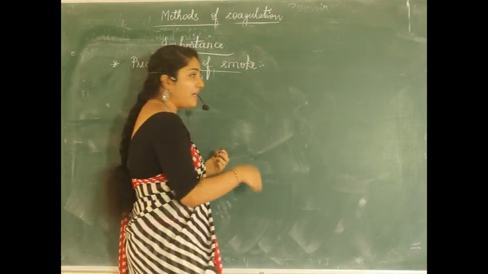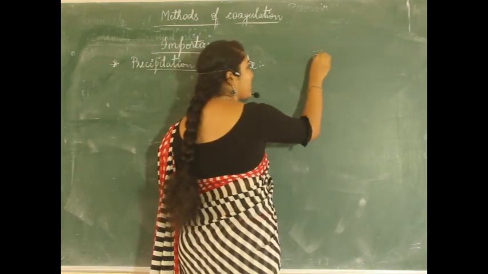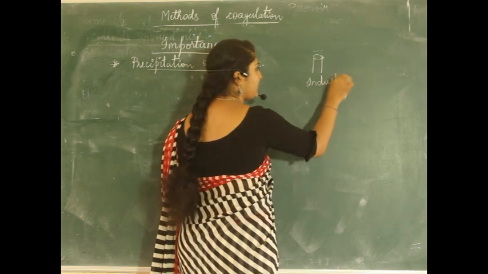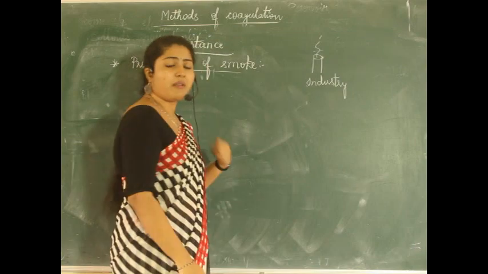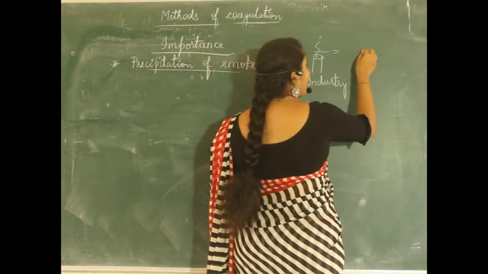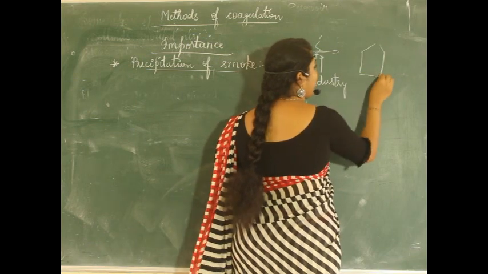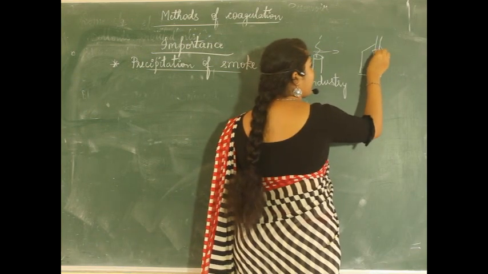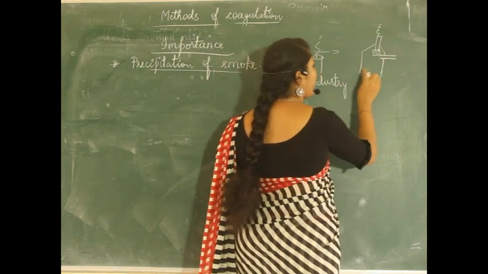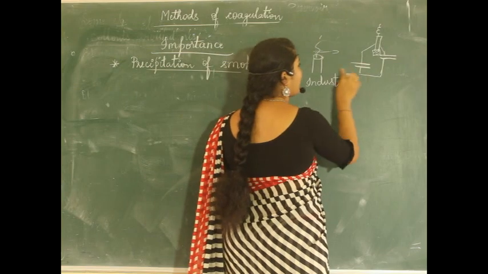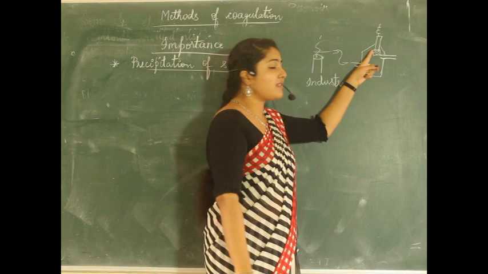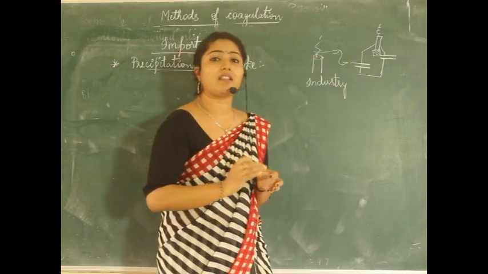So what can be done is, before the chimneys from the industry let out the smoke, it is passed through a chamber called a Cottrell precipitator, where some metal electrode is used and a high voltage is applied. There will be an inlet from the chimney to this particular precipitator. Here it is charged to about 30,000 volts.